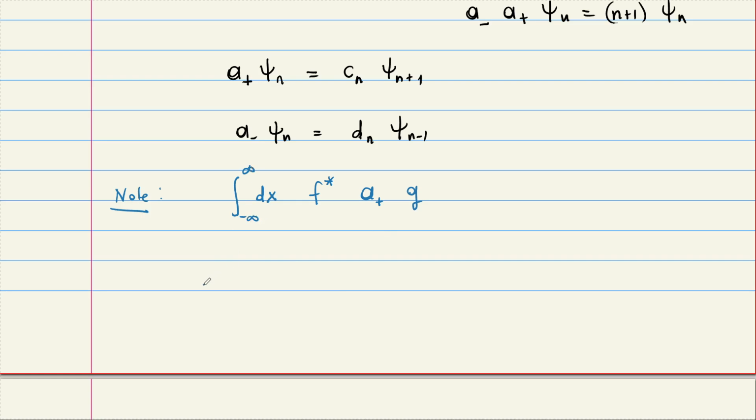So this thing is equal to the integral from minus infinity to plus infinity dx of f star times A plus, which is 1 over square root of 2 h bar m omega, times (minus iP plus m omega x) g. Good.